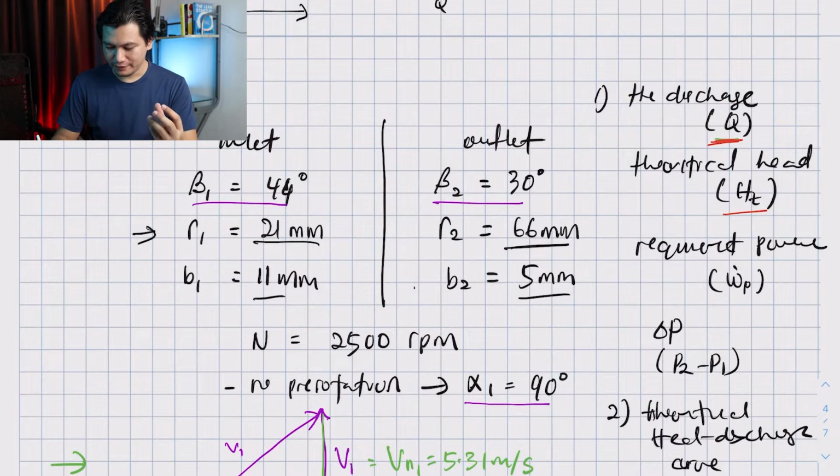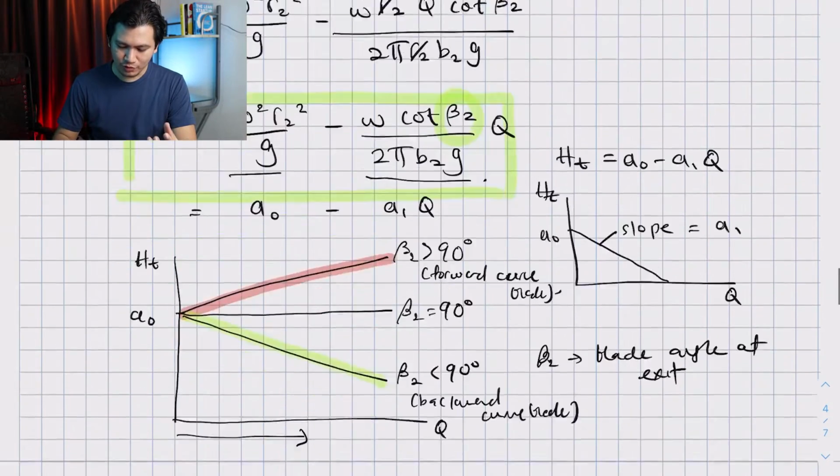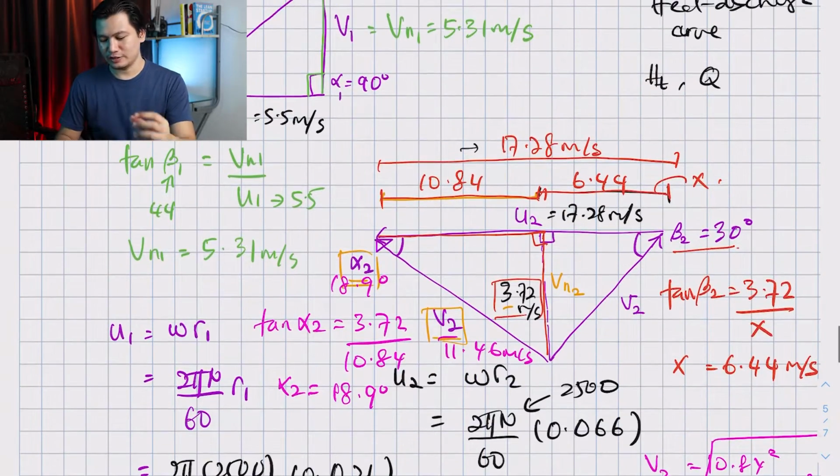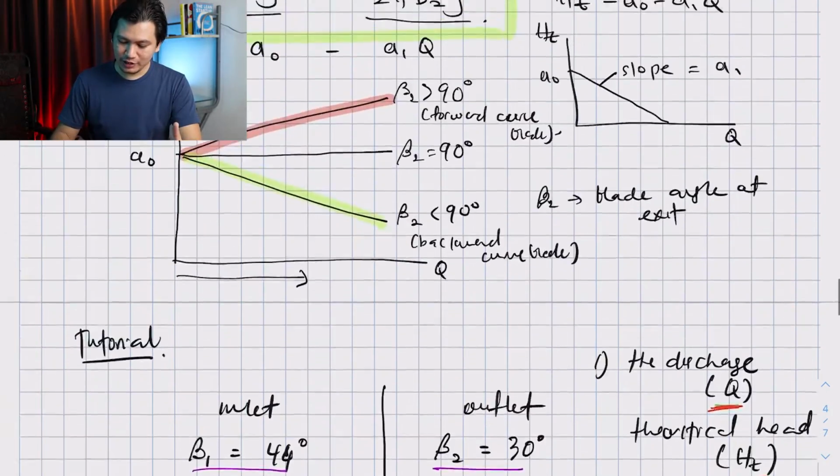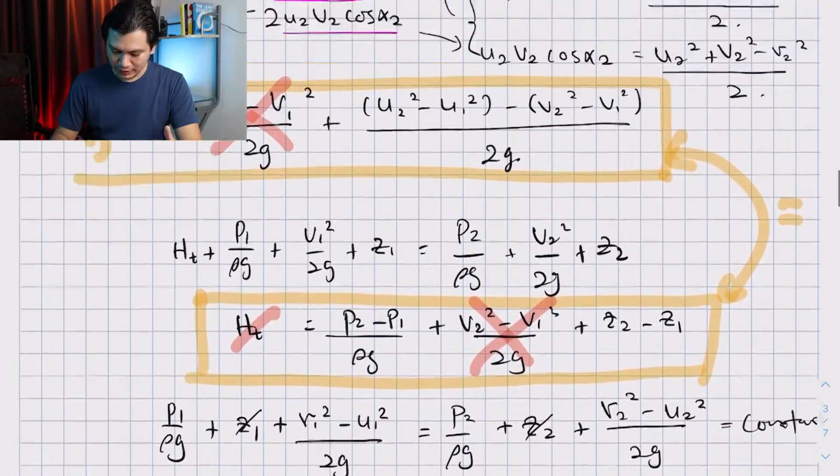Now that we have the discharge and theoretical head, we need to find the required power, that is W dot P. I believe that we have almost completed our velocity triangle, so any question that comes after this we can easily solve as long as you know the equation. Now let's find the equation for the required power.